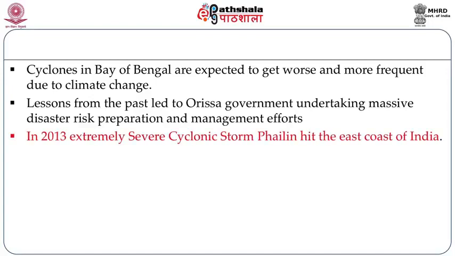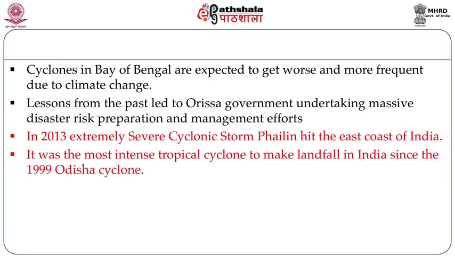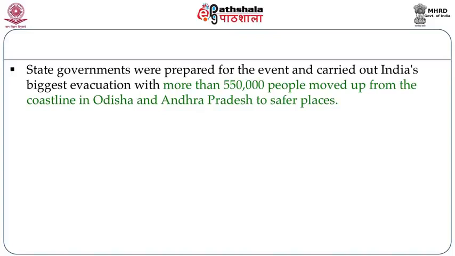In 2013, when a severe cyclonic storm hit the east coast of India, it was the most intense tropical cyclone to make landfall in India since the 1999 Odisha cyclone. State governments were prepared for the event and carried out India's biggest evacuation, with more than 550,000 people moved from the coastline in Odisha and Andhra Pradesh to safer places.